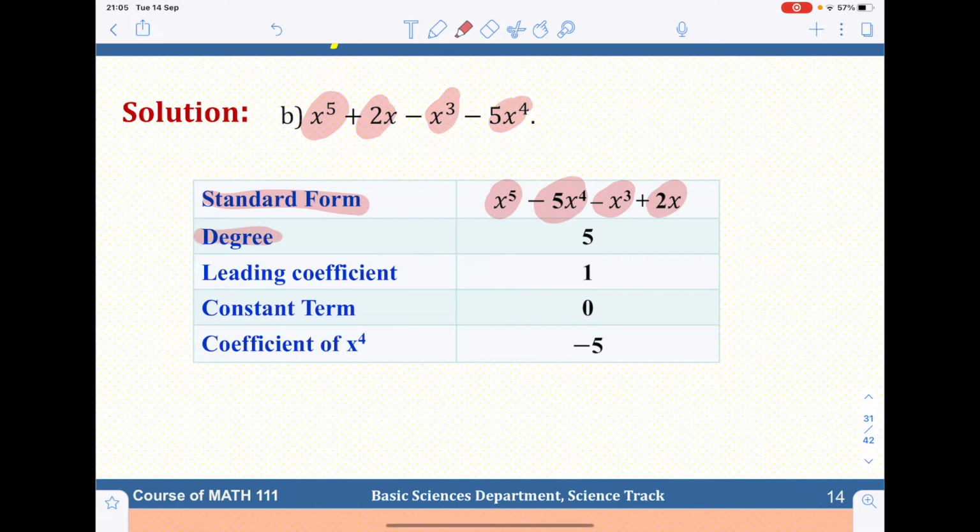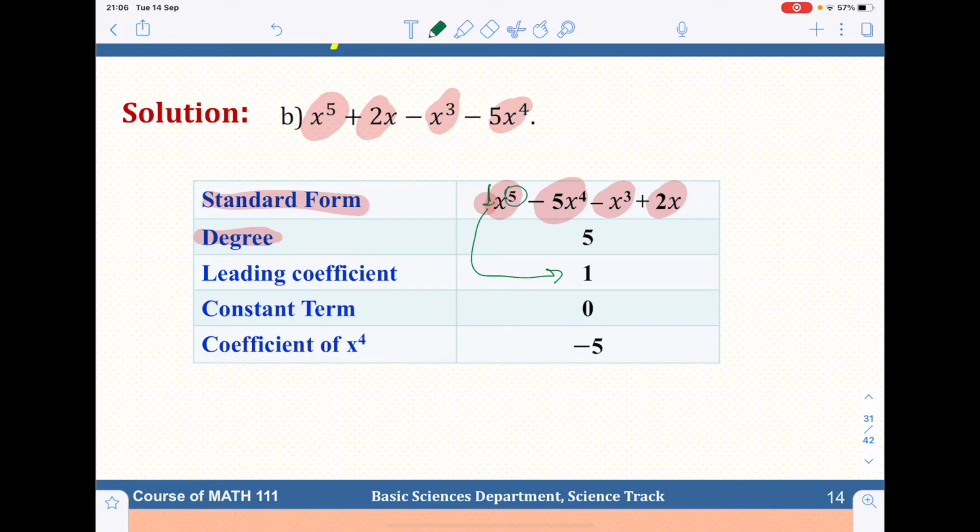Okay, the degree here is the highest degree, which is 5, and the leading coefficient equals 1, which is the coefficient of x to the power 5. And the constant term, there is nothing, so it would be 0. And the coefficient of x to the power 4, here I have x to the power 4, and the coefficient is -5. Be careful to take the number with the sign. So this would be -5.